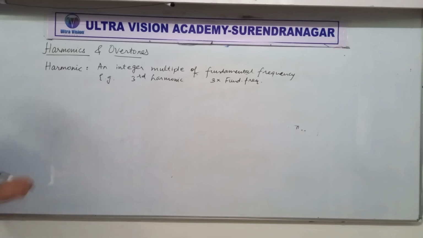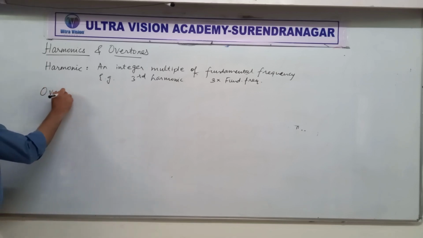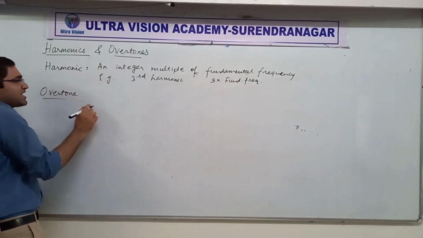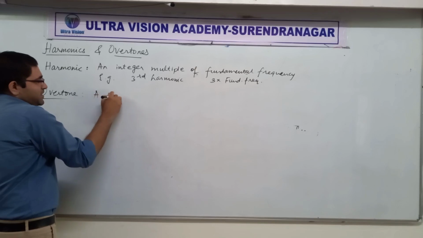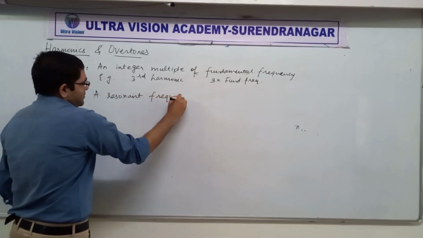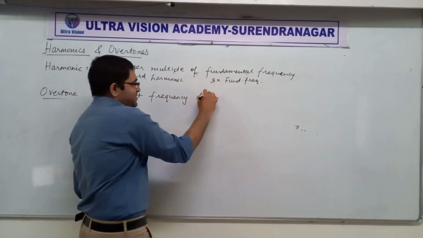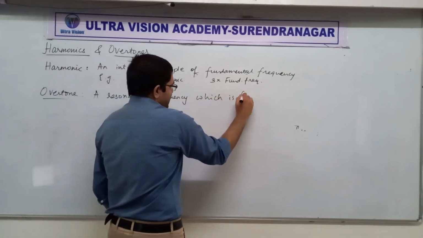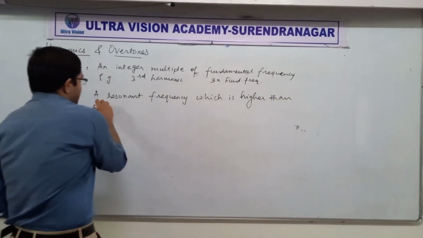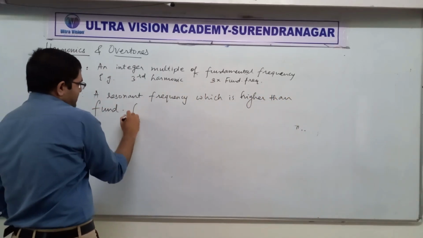Now let me also write the definition of overtone, and then only we will start with that list. So what is overtone? Overtone means a resonant frequency which is higher than fundamental frequency.